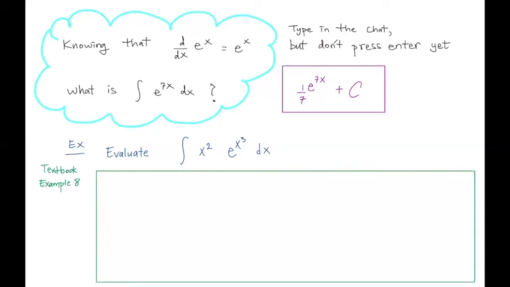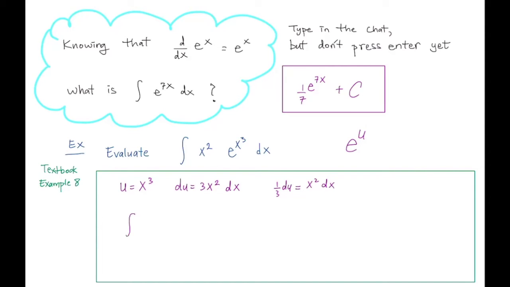Now let's compute this integral. I see that I have this e to the x cubed. I want to turn this into e to the u. So maybe I can take u to be x cubed, and du is 3x squared dx. This is very good because then I can write x squared dx as 1/3 du, and I can perform my u substitution.